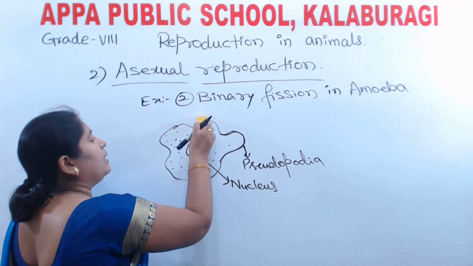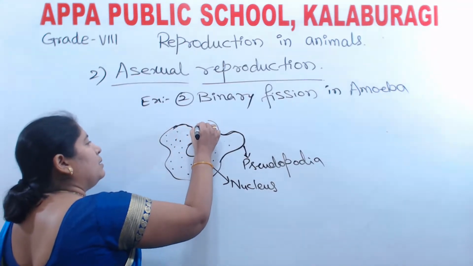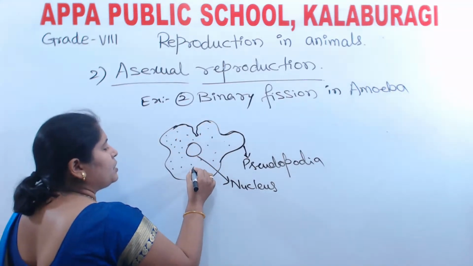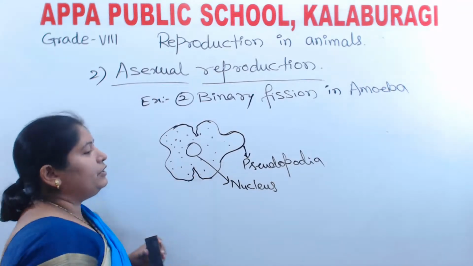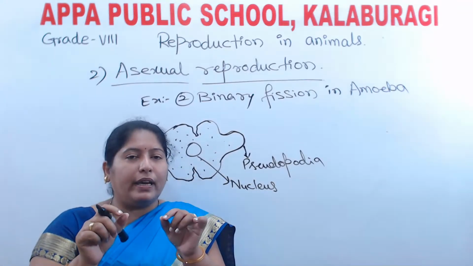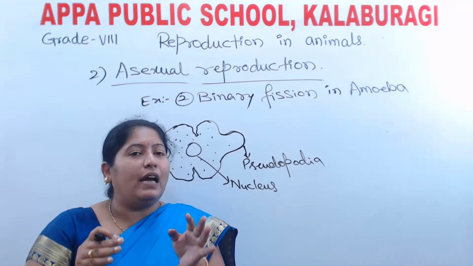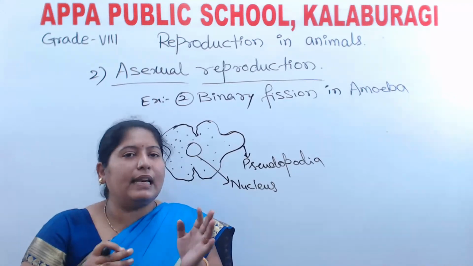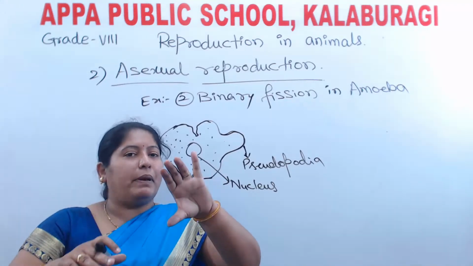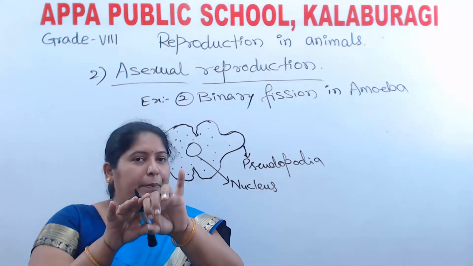So when binary fission starts, the amoeba starts making fissions over here like this. Take an example of a balloon which is half filled with air. Don't fill it tightly with air, half filled or less than half filled. Okay, then try to make it two halves just by pressing it.